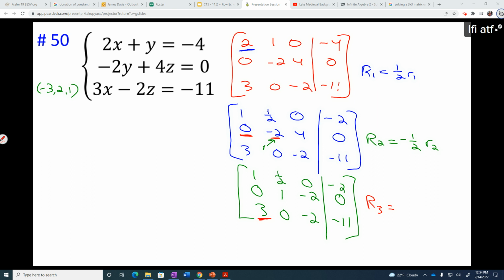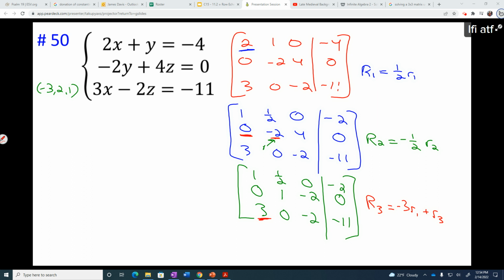We got to multiply another row and then add it to this one. So we're going to multiply row 1, because it has a 1 up here, by negative 3. So we're going to do negative 3 R1 plus R3. So what's going to happen is we multiply this by negative 3 and add it to 3 and get 0.